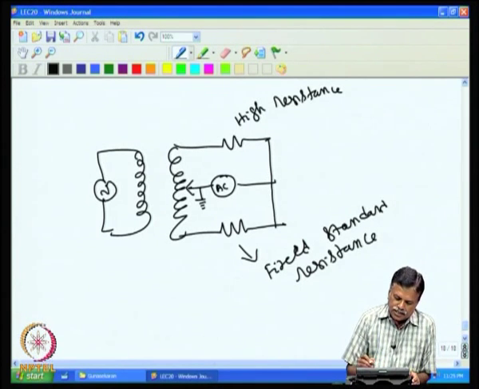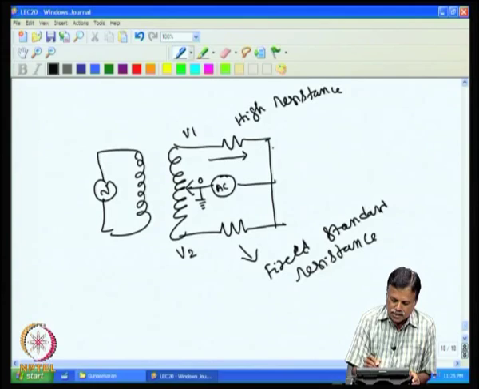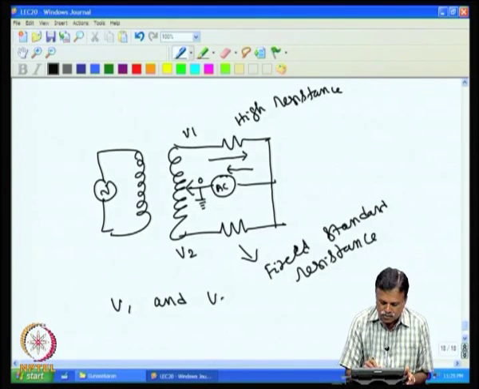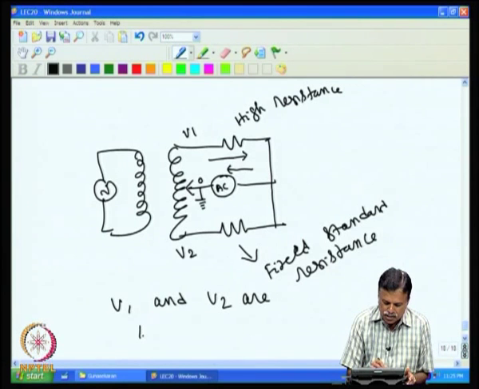So essentially the basic working is like this: if this is taken as 0, and this is taken as V1 and this is taken as V2, then the current that is coming here actually goes through this, and V1 and V2 are 180 degrees out of phase.